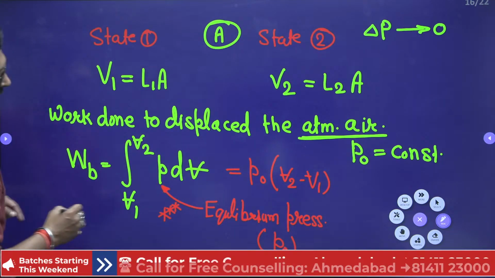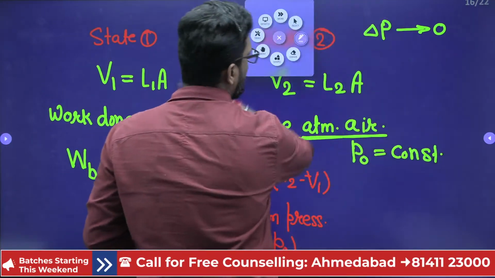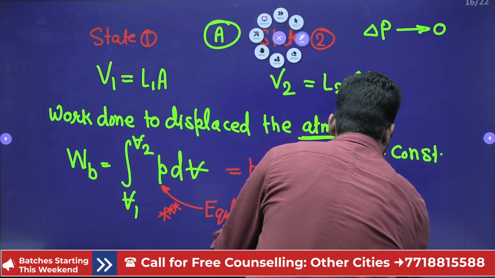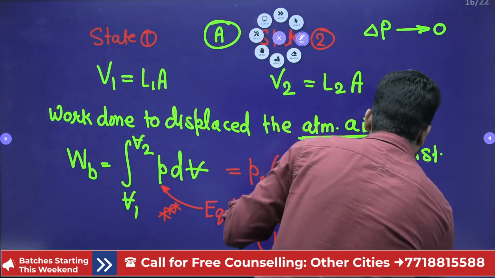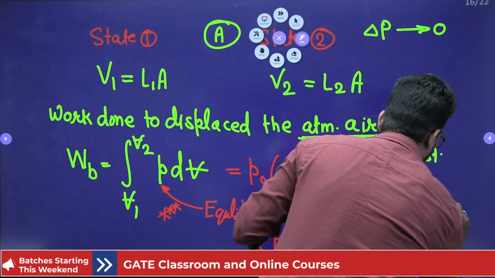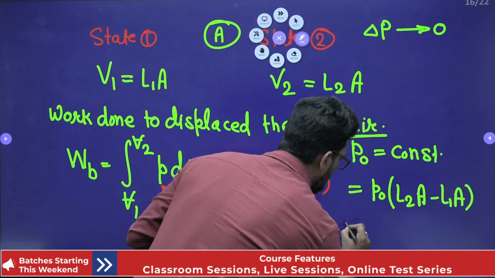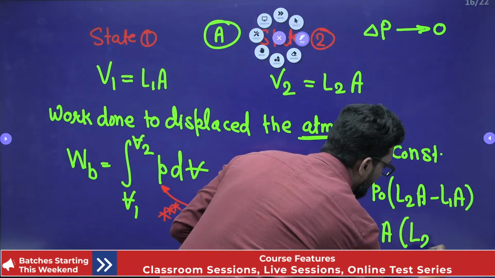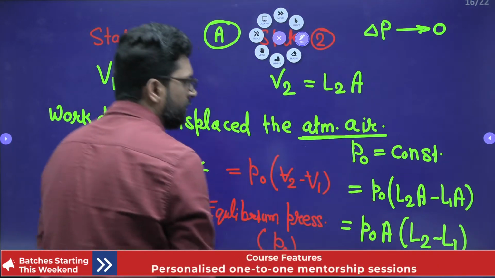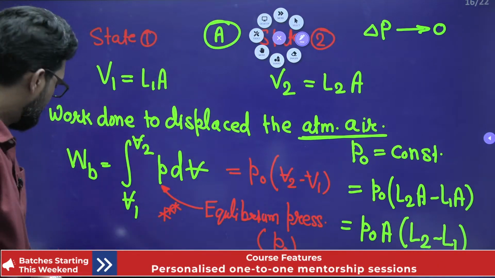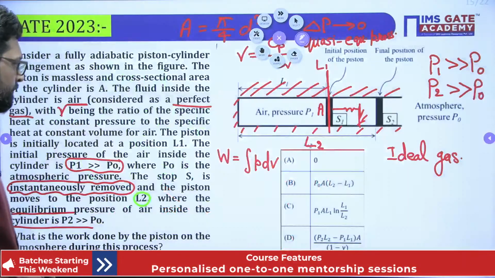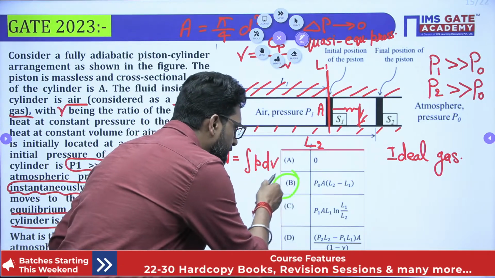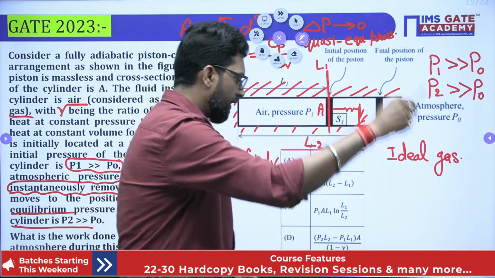From here we can easily find: P naught times (L2A minus L1A), so it is P naught A (L2 minus L1). That's it. That means option B is correct.